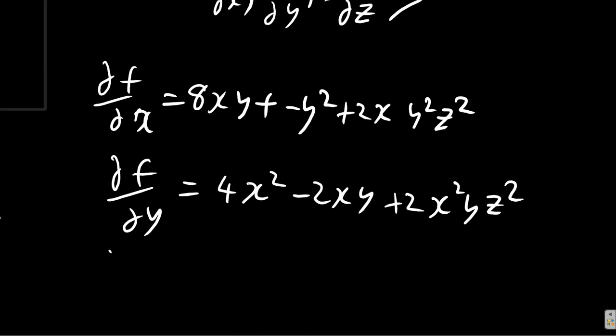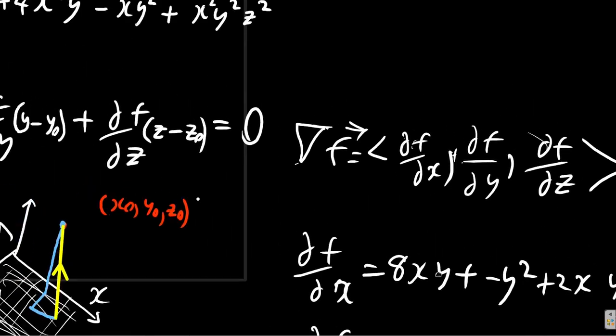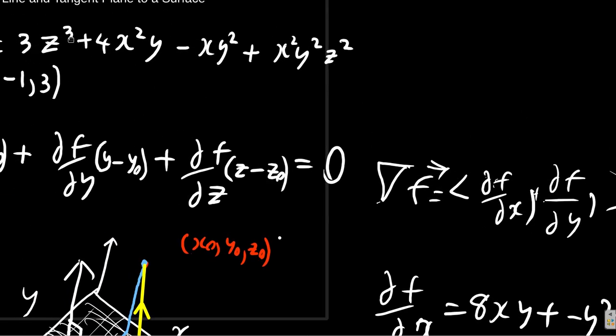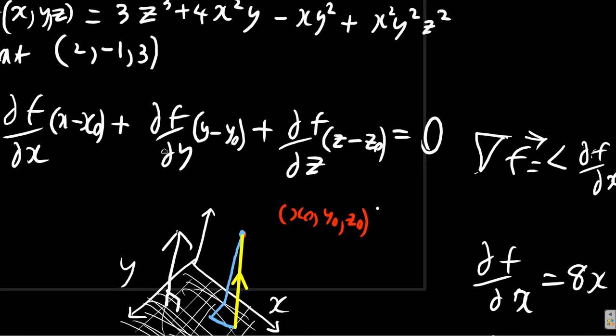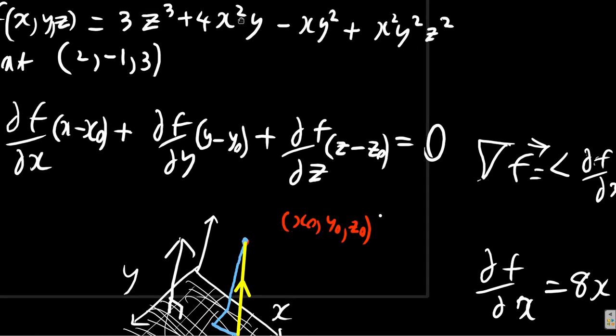Good. Then the partial derivative of f with respect to z is going to be, no, this will be 3 3's 9, 9z squared. Alright, so we have 9z squared plus, and what will happen after? This will be 0 because we're treating x and y as constants for now.